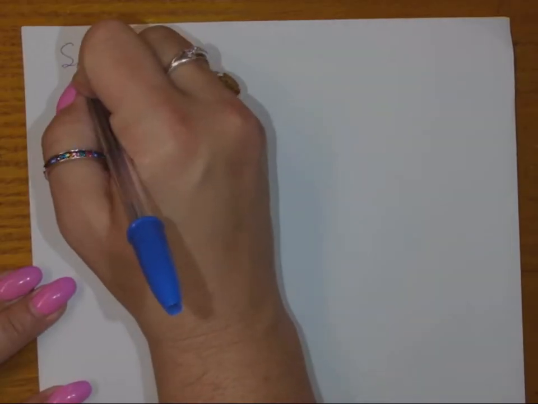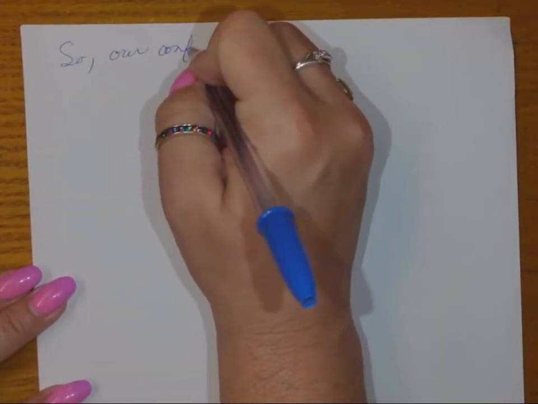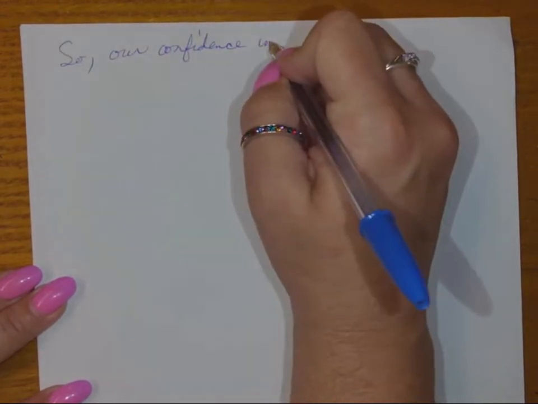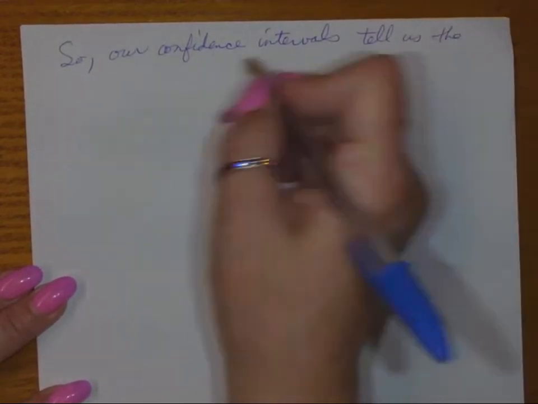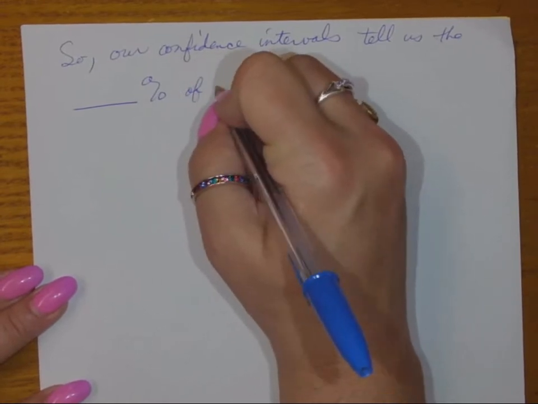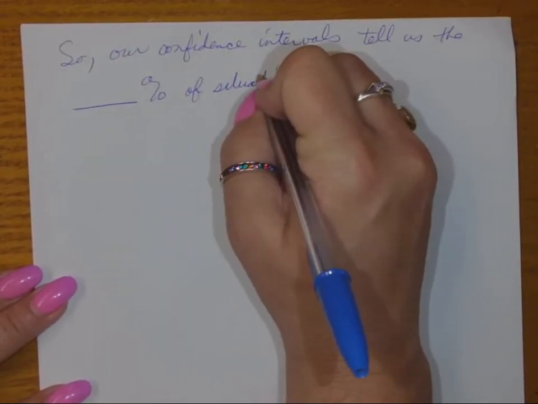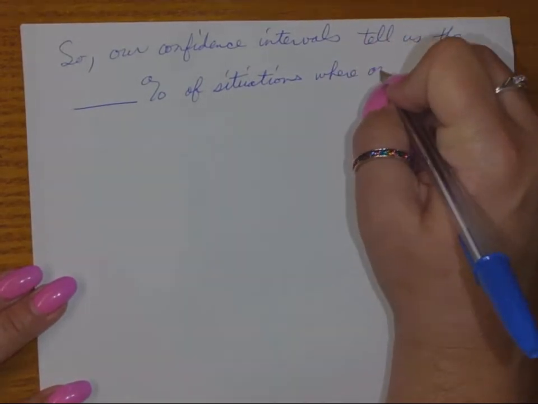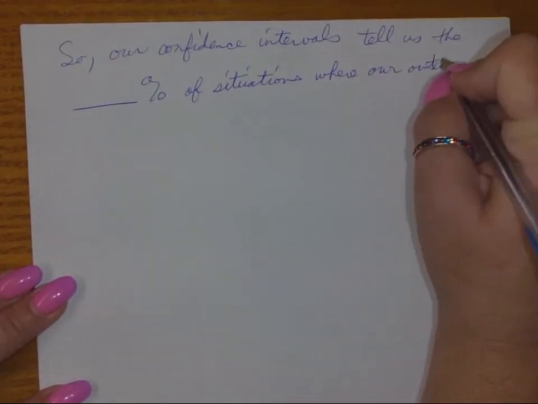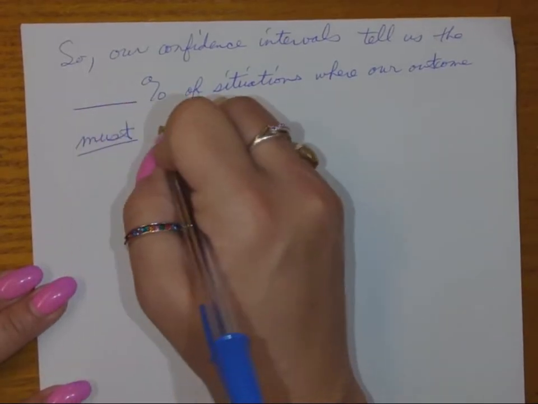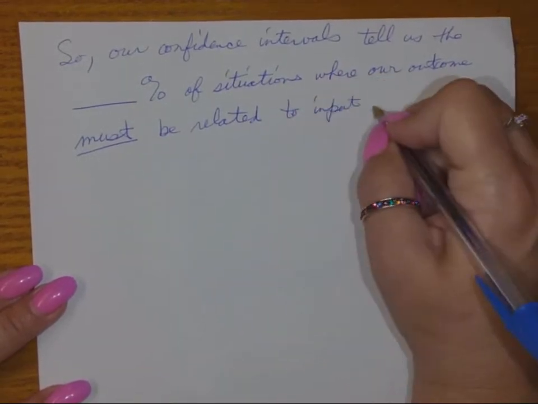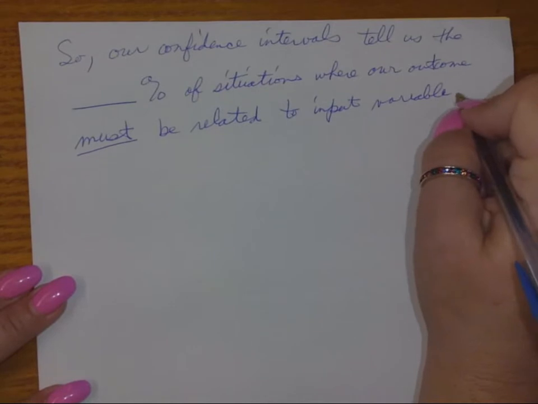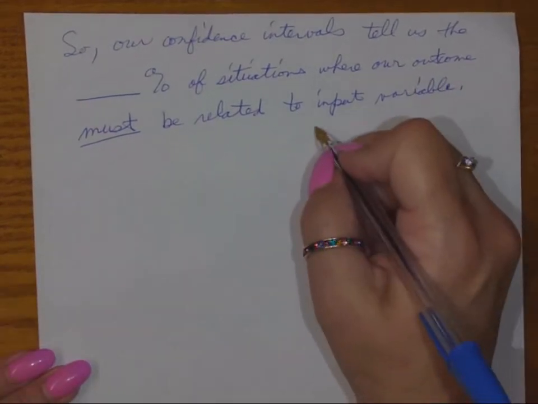So our confidence level, our confidence intervals, tell us the percentage of situations where our outcome must be related to whatever the input variable was, the independent variable, however you want to think about that.